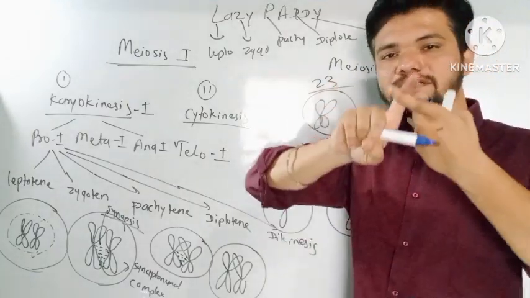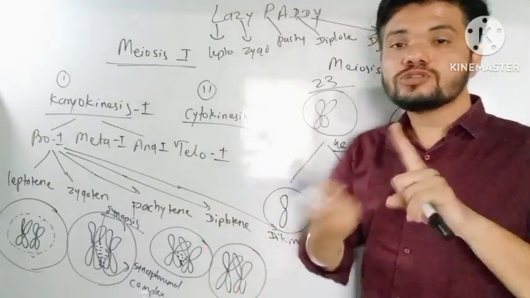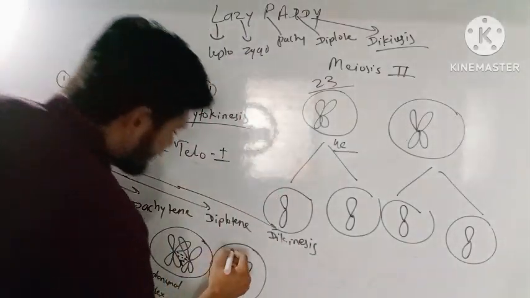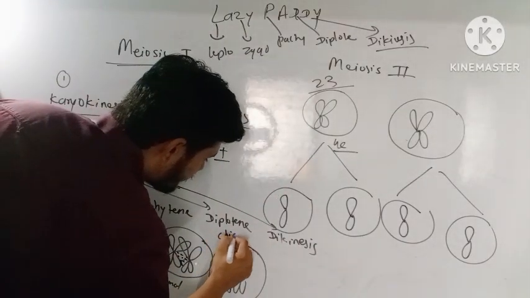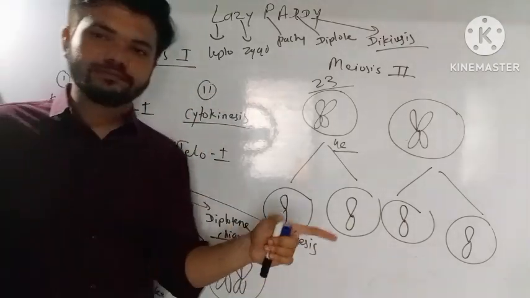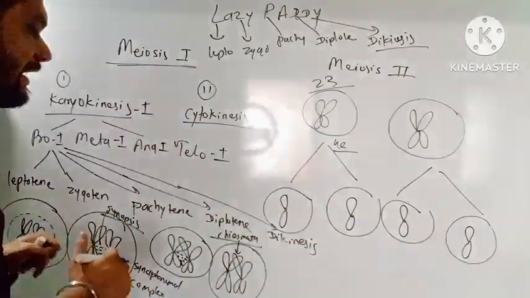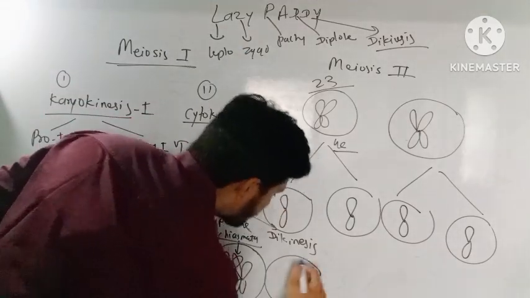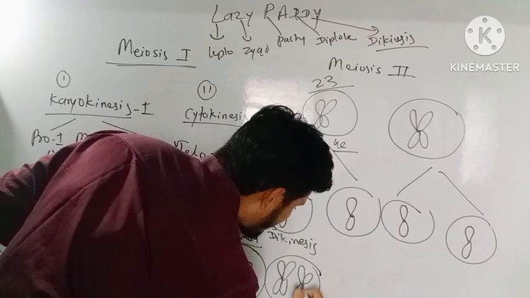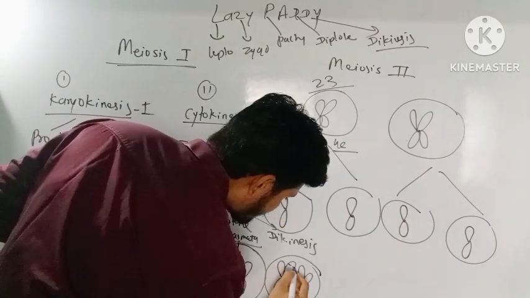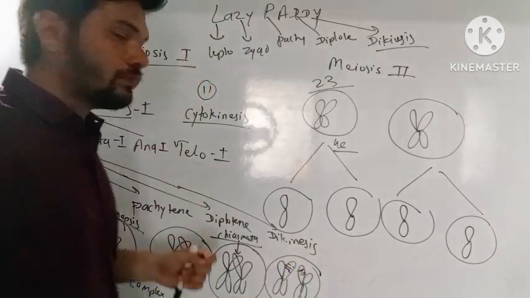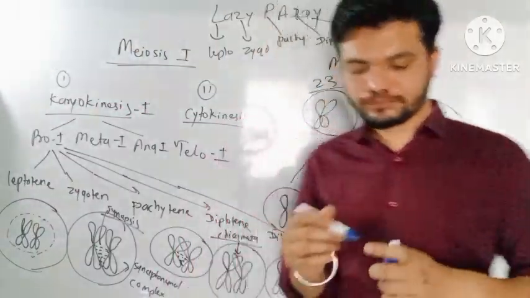They are not separated yet in diplotene, so you will see the X-shaped structure called chiasmata. And in diakinesis, after completion of the recombination, the homologous chromosomes will be separated, and you will see the recombination of the genes in both the chromosomes.